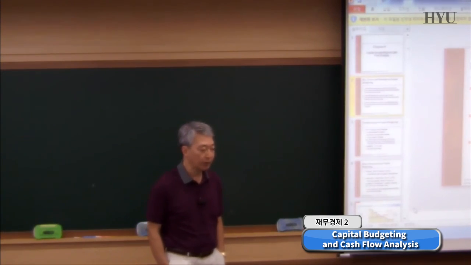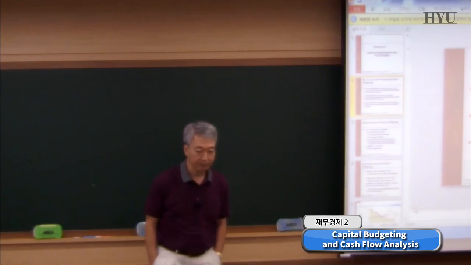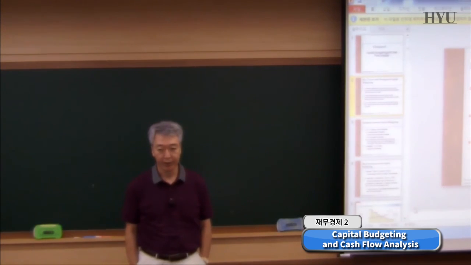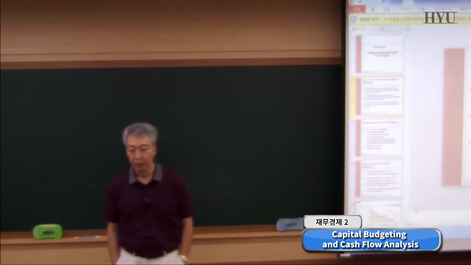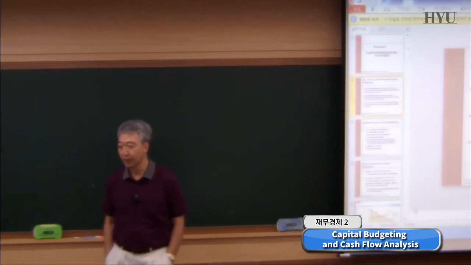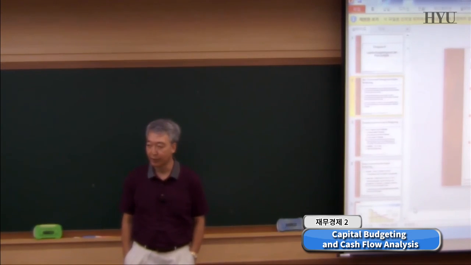In this chapter, we're going to talk about some introductory stuff. How do we decide which project, which capital investment we're going to choose? In order to do that, we have to figure out, first of all, what are the choices? Are there any alternatives in this capital investment?